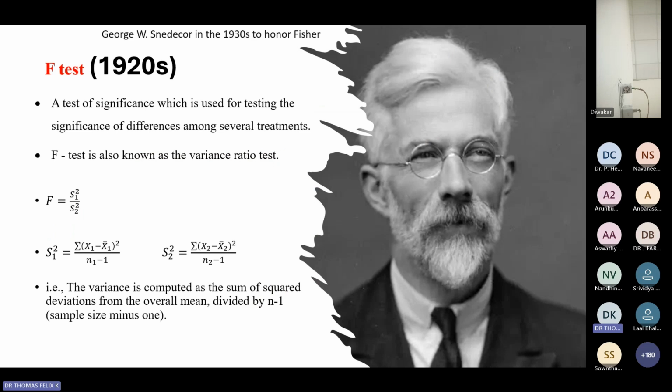Now we are moving to the F-test. As per the inception, in 1908 they introduced the T-test. So far we have seen the T-test. Now we are moving to the F-test. Even though the F-test was introduced during the 1920s, the name F-test came during the 1930s.